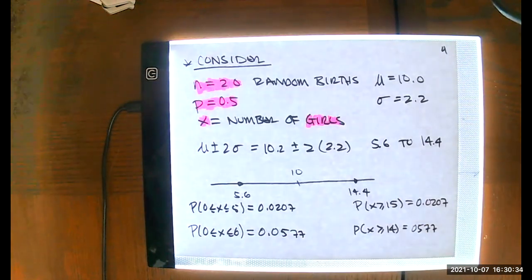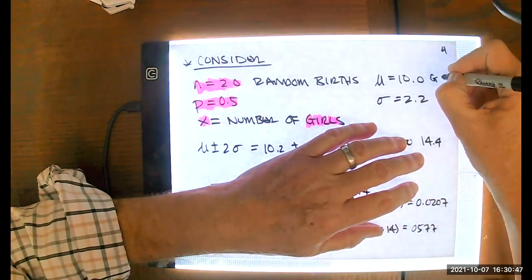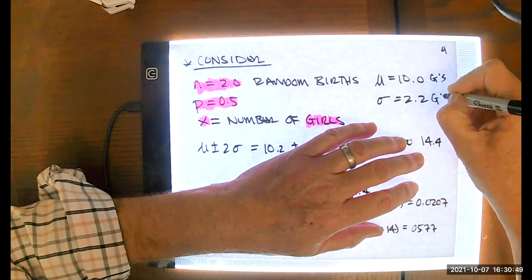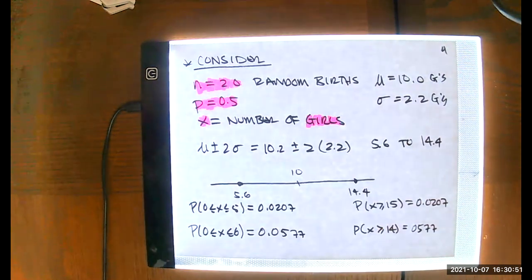Now, using our formulas, n times p for the mean and the square root of n times p times q for the standard deviation, I get 10.0 girls for the mean number of girls in 20 random births, and I get 2.2 girls for the standard deviation.